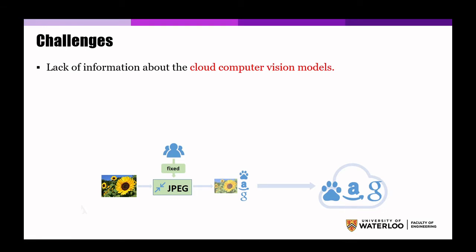In this slide, I will introduce some challenges that this paper has handled. The first point is the lack of information about the cloud computer vision models. Where the computer vision models are available, one can adjust the JPEG configurations according to the model structure or retrain the parameters in it.